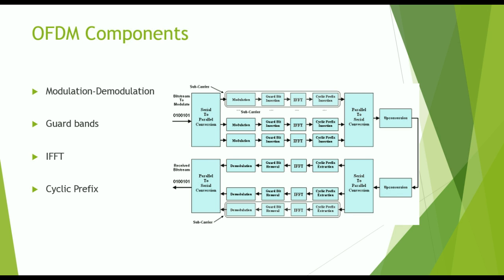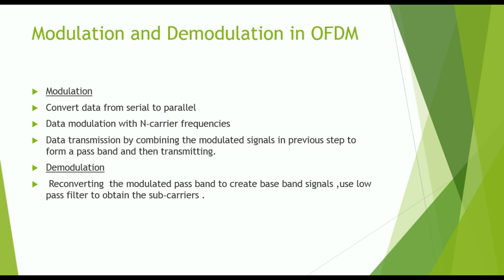So, what are the components that make an OFDM system? The main components are the modulation and demodulation unit itself, guard bands, IFFT, that is, inverse fast Fourier transform blocks, and cyclic prefix. So, what happens in the modulation and demodulation of an OFDM system?